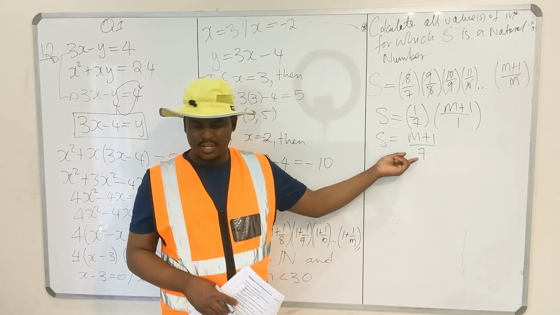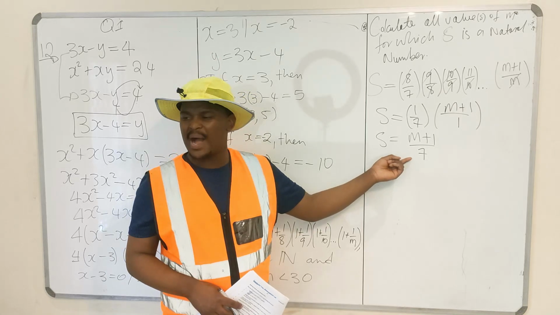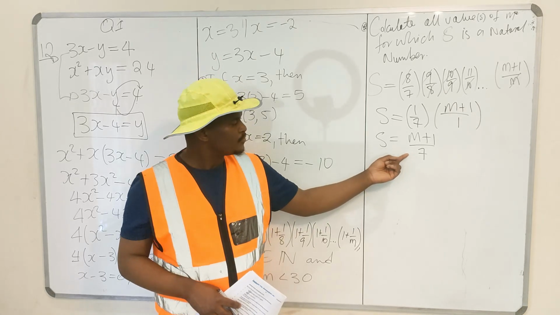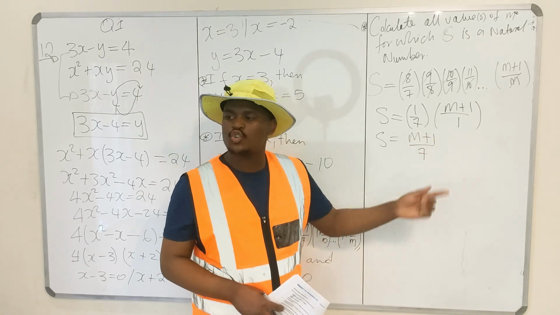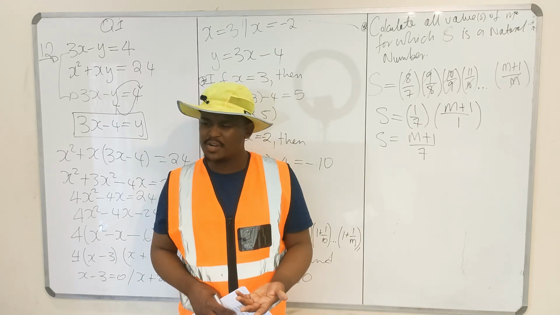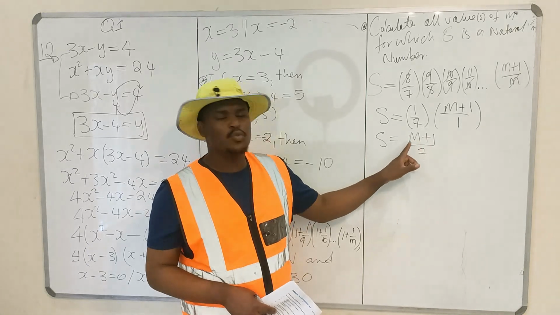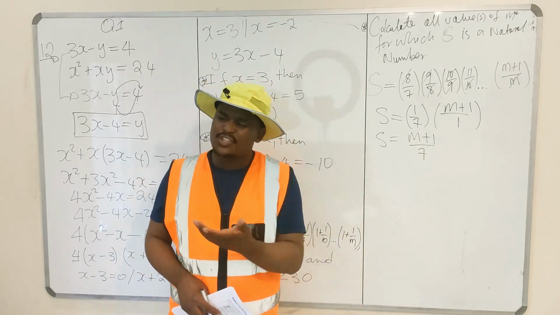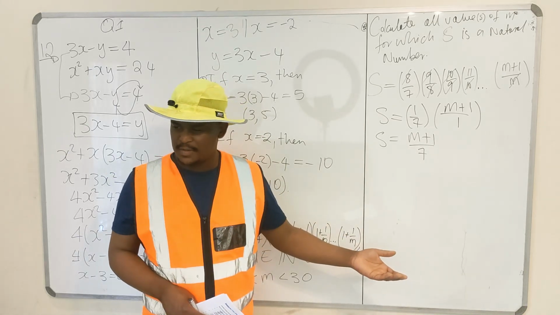So, if it's divided by 7, for this answer to come up as a natural number, whatever is here should be a multiple of 7. I'm not sure if you understand what I'm trying to say. Yes. Because this S is m plus 1 over 7, but they're saying it should be a natural number, right?